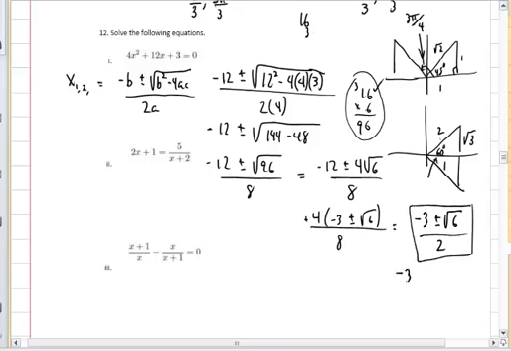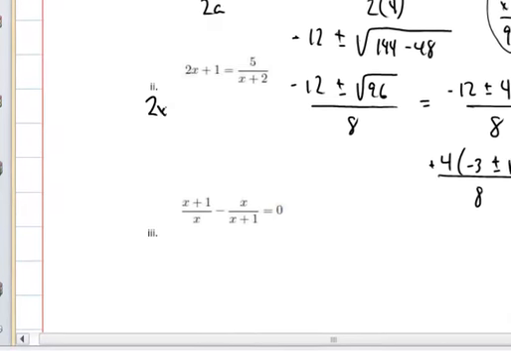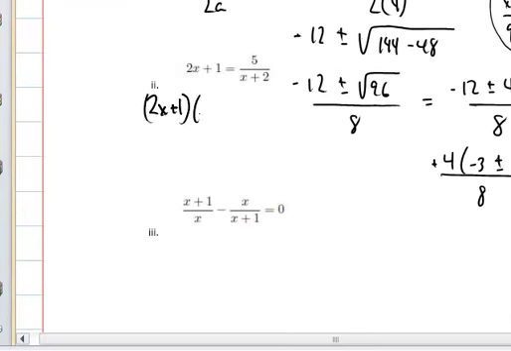It will be negative 3 plus root 6 over 2 and negative 3 minus root 6 over 2, which for this type of problem you would have a calculator to help you figure out what the decimal equivalent would be. On the next one, in order to solve this, you would cross multiply. And then you would FOIL.